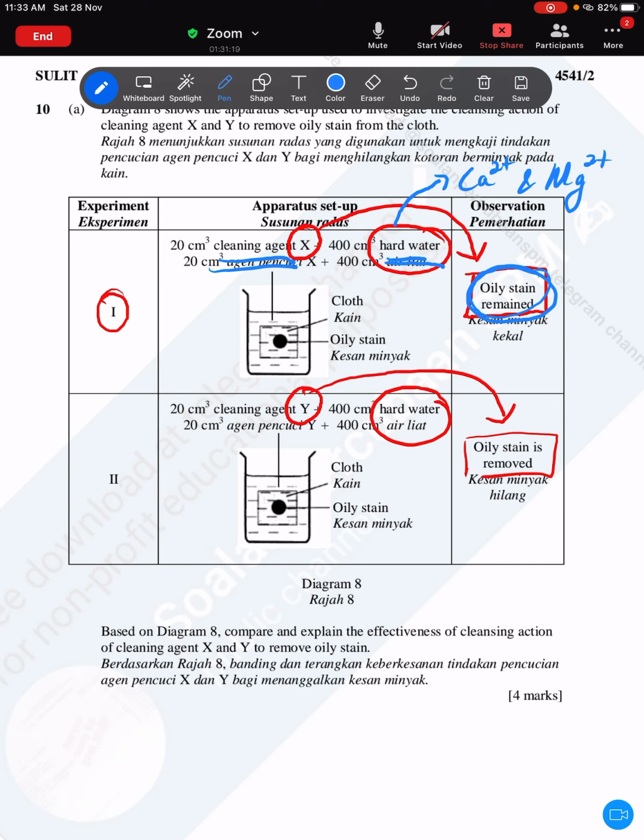It is a soap. Very good. And the other cleaning agent, why? Because it cleans in hard water. Therefore, this is what we call a detergent. That's why we call this a detergent.